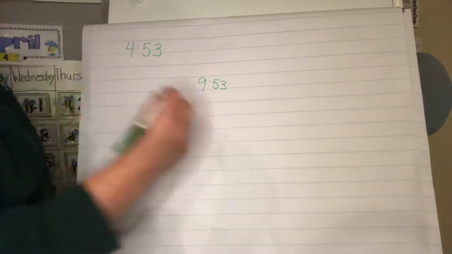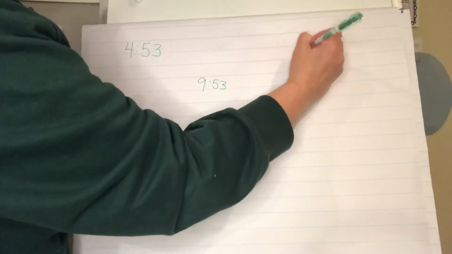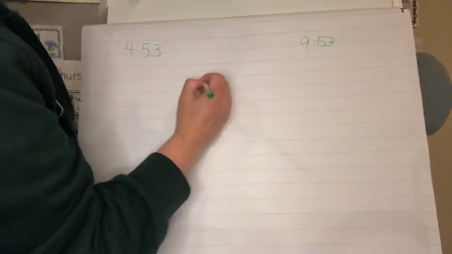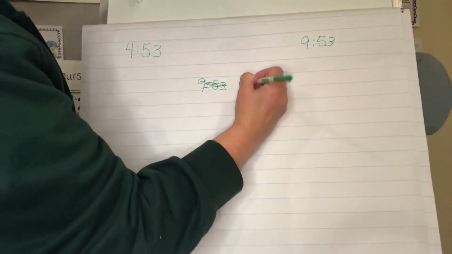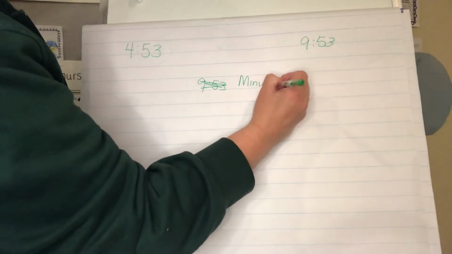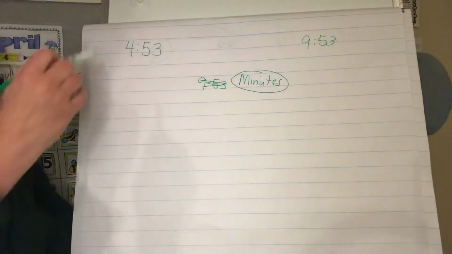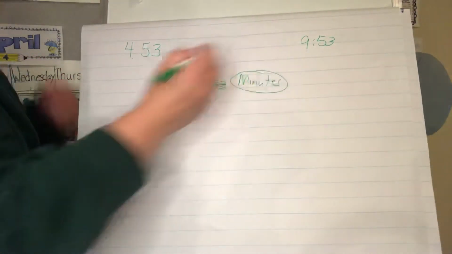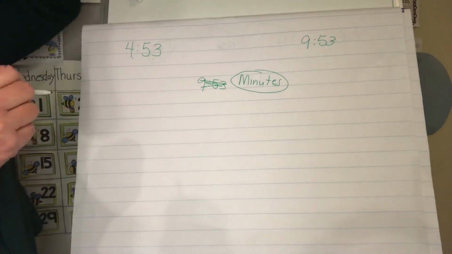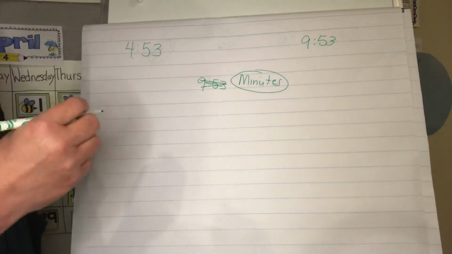I'll put 9:53 over here. How many minutes until I go to bed? So what would you do to calculate that? If it's 4:53 now, I'm going to bed at 9:53. How many minutes until I have to go to bed?